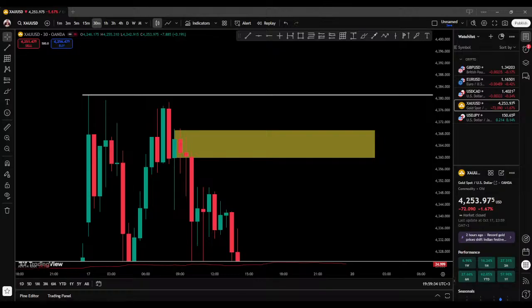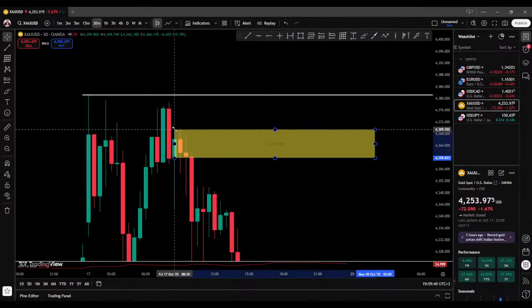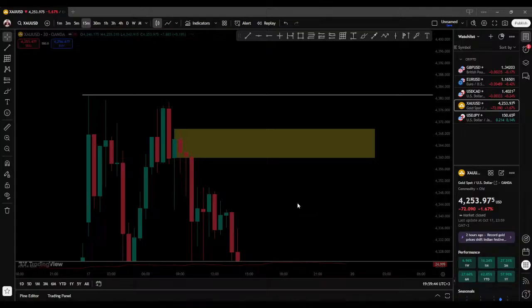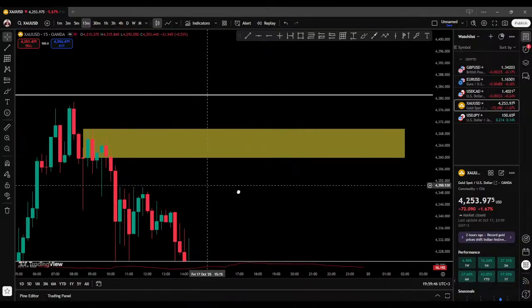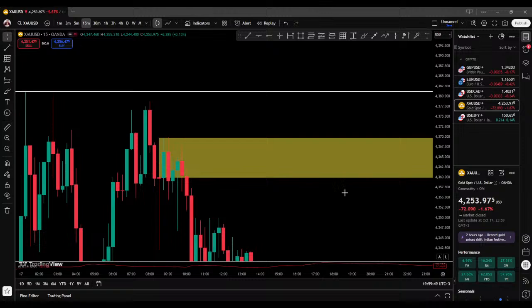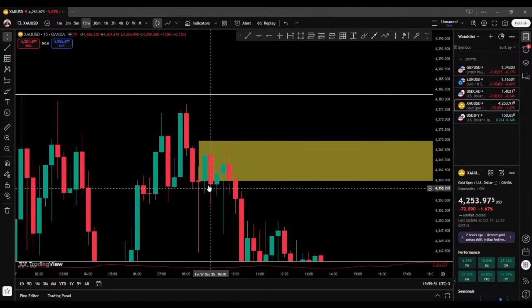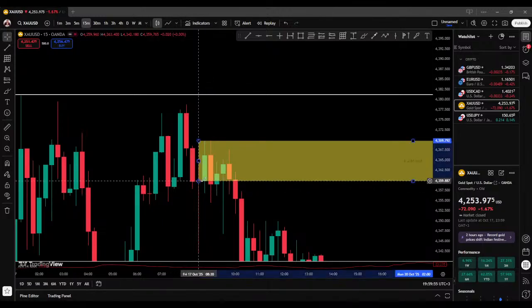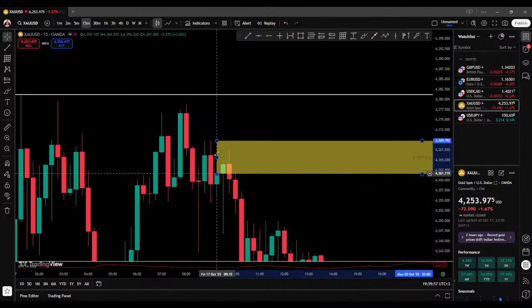This is how these things are. So we want to refine this breaker block here. We go to the 15 minutes. What do we see in the 15 minutes? This breaker block was retested by this one, so we now refine to this area here.